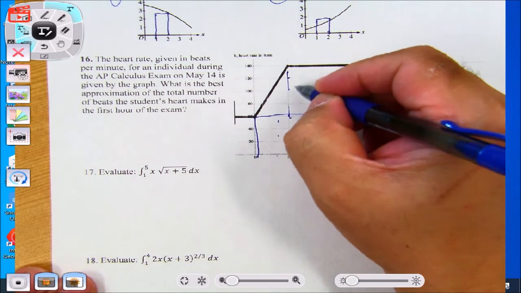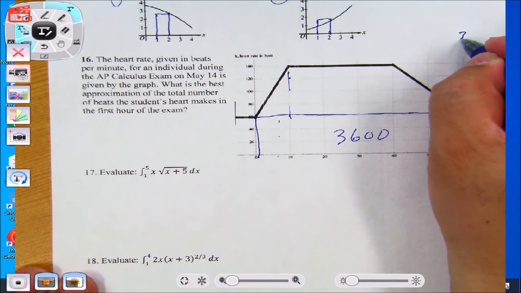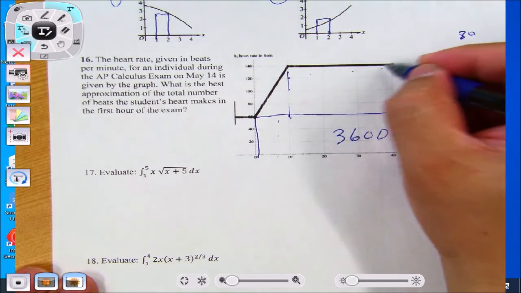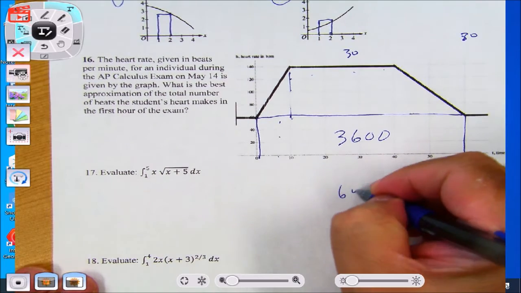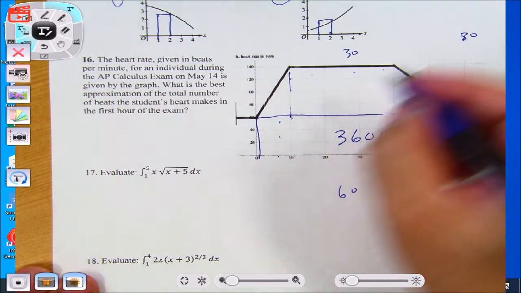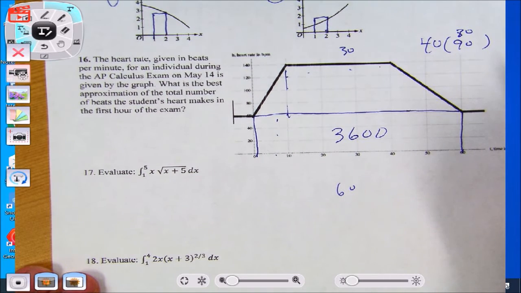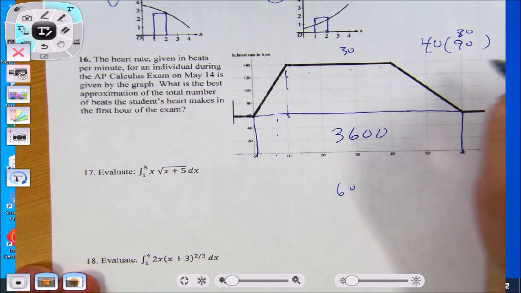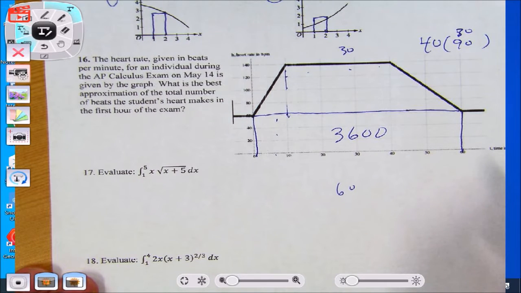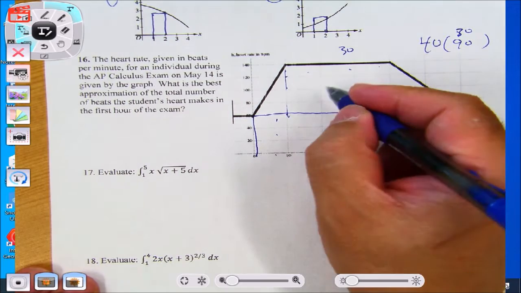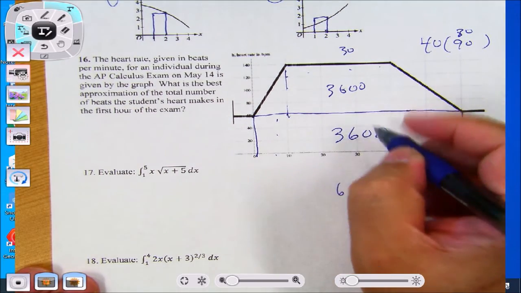That's 80 high. So the height is 80. This is 10, 20, 30, and 60. So it's 40 times 90. So I'm getting 7,200. Yeah, 3,600. Add them and I get 7,200.